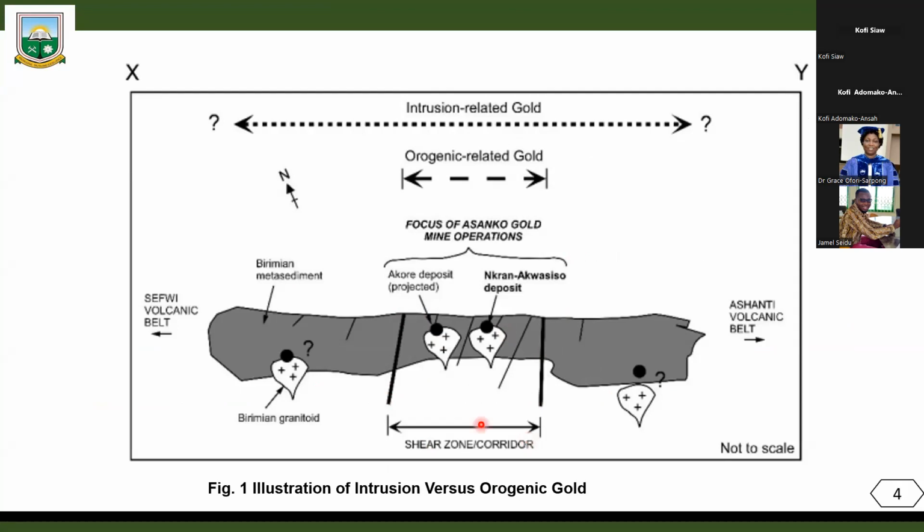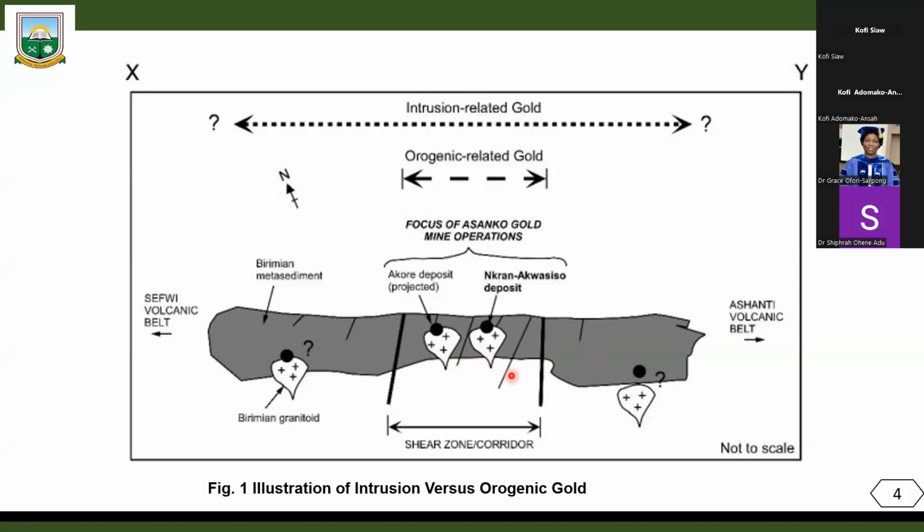This corridor has been accessed by granites or granitoids, and this is typical of many of our granite-hosted bodies or granitoid-hosted bodies across the globe, including Ghana. So we are quite familiar with the fact that the shear zone corridor has been opened up, and then during the orogenic period, some of these granites accessed these shear zones, and then they were involved in the mineralization process.